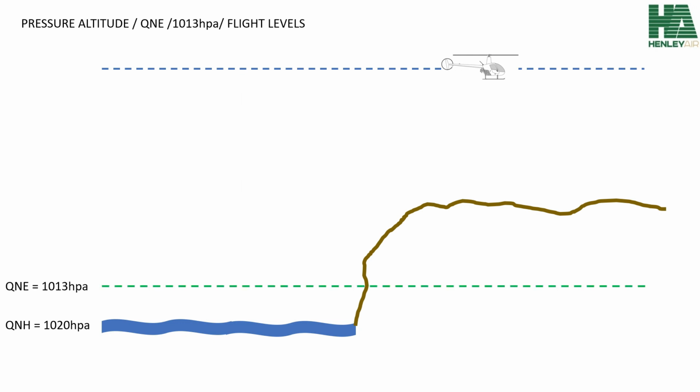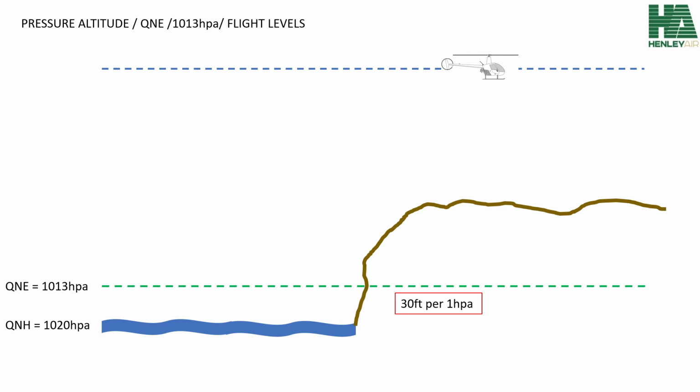So if we plot in 1013 hectopascal, it is less pressure than 1020, and we know the higher we go, the less the pressure becomes. So in this example, 1013 QNE will fit in above the QNH of 1020.